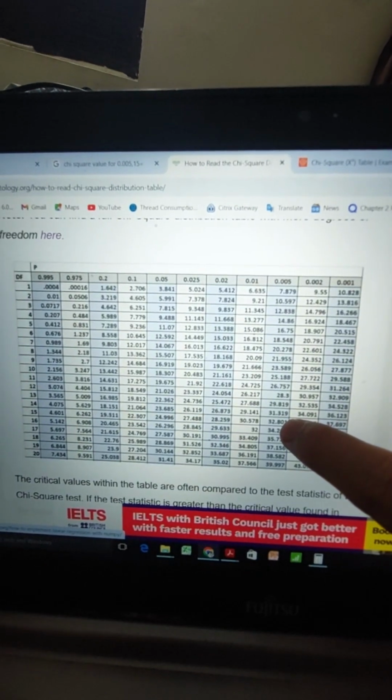You will be given this table in the paper. The degree of freedom here for us is 15, so against 15 we come to this 0.005 and 15. It will give us a value of 32.801. This is the value of the chi-square.